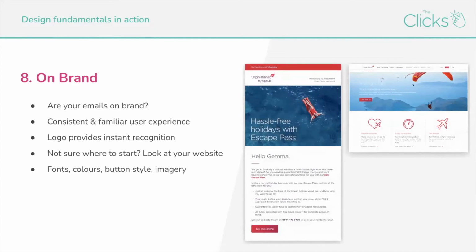And you can see the colors are on brand. You've got the logo there to provide instant recognition to the reader, so they know instantly upon opening the email who it's from. They've got the same CTA style and the same colored text and the same fonts, which are all things that can really help to create that on-brand feel.